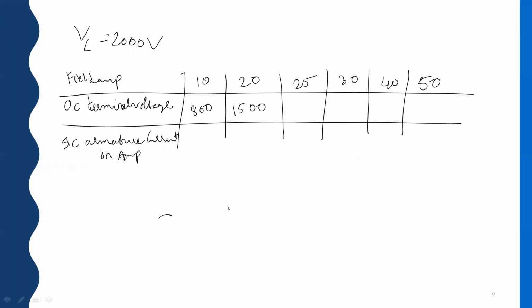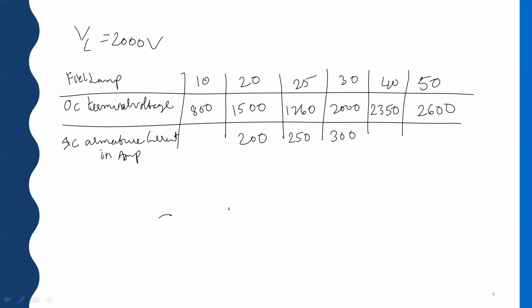So I have taken 800, 1500, 1760, 2000, 2350, 2600. SC current is 200, 250, 300. These are the values given here.